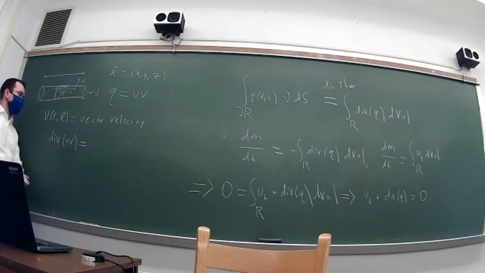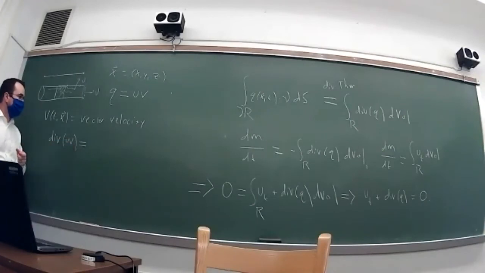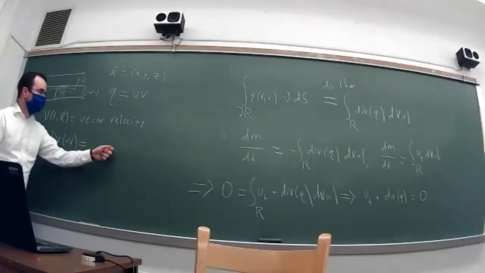Focus on any one of those terms and use the usual product rule. You get u sub x times v plus u times v sub x, and similarly for the other two.